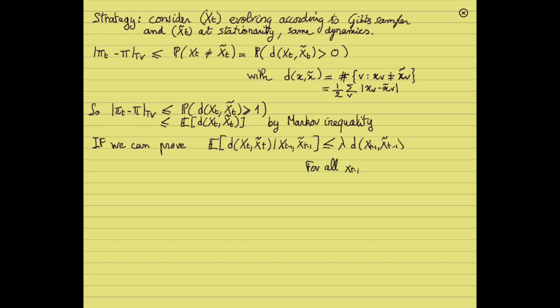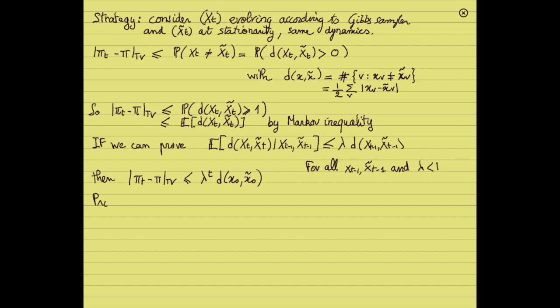Then, if that was the case for all grids at the previous step, so all x, x tilde at time t-1, then we would obtain by induction that the total variation distance between pi t and pi would be less than lambda to the t times the distance at time 0, either fixed if we fixed the states, or in expectation under some initial distribution and some in the stationary distribution.